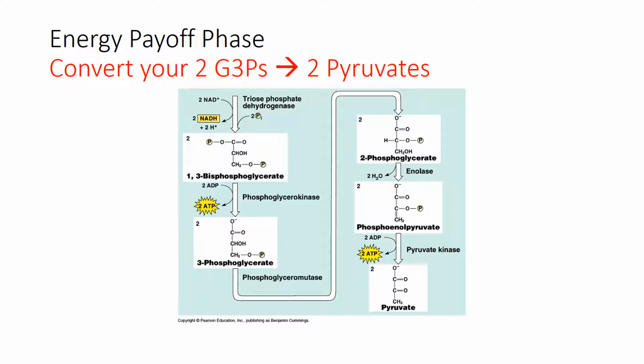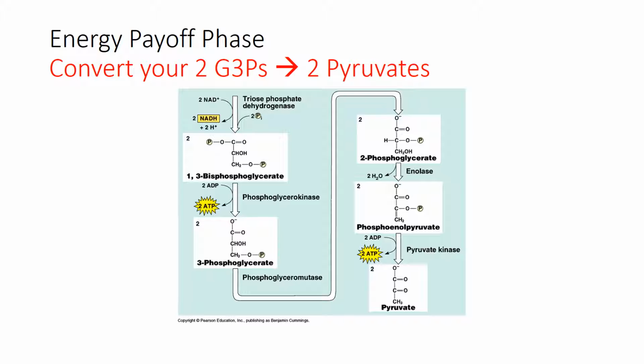We now have phosphoglycerate, and another enzyme comes in. It kind of rearranges it a little bit. And we're now at 2-phosphoglycerate, and another enzyme comes in, pulls off a water molecule, rearranges the bonds a little bit. We now have phosphoenolpyruvate.